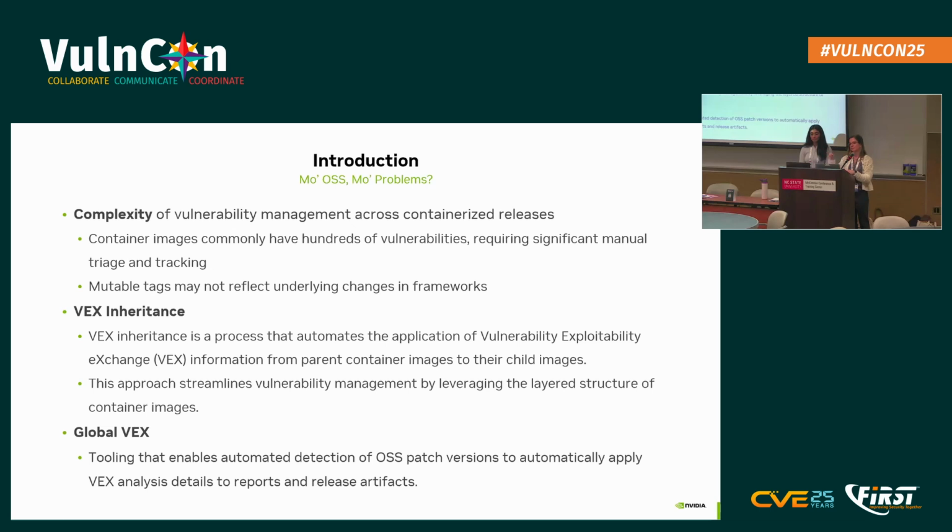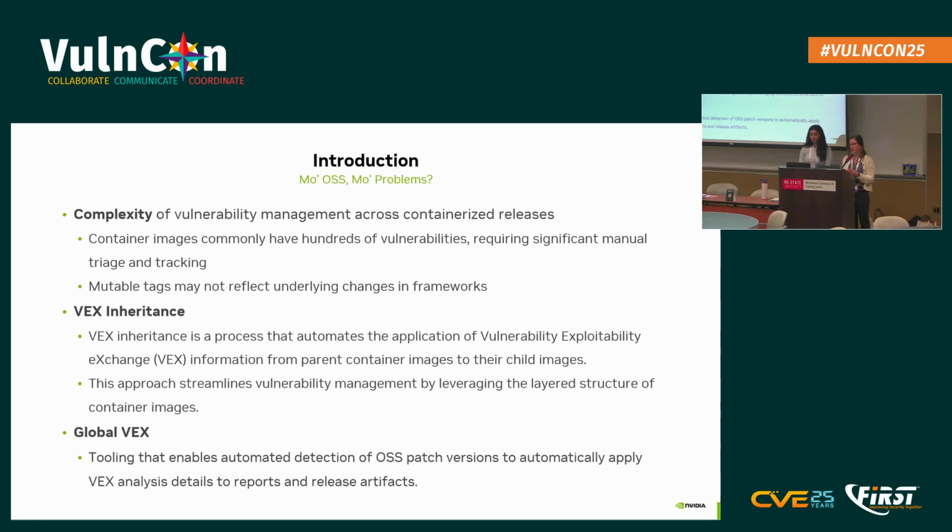And you should be able to do a diff on whether the parent image and the final image have the exact same SBOM, or the same list of OSS packages and the same vulnerabilities, and then inherit, in most cases, those VEX.